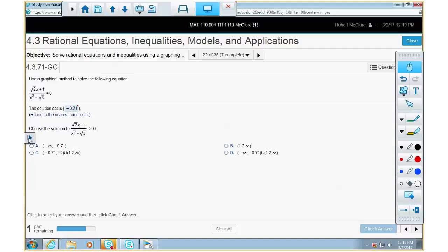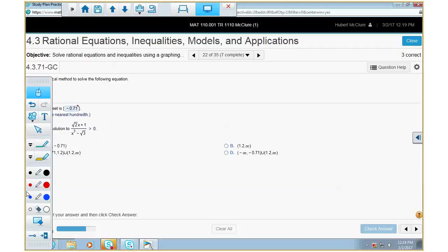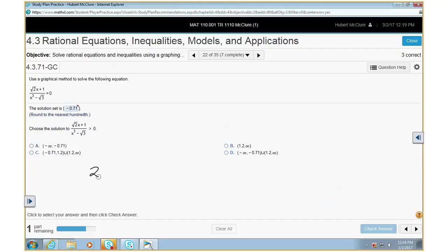Okay, there's the multiply both sides by the common denominator. Again, you will get 2x plus 1 is greater than 0, right? And then that's going to be minus 1, square root of 2 times x is greater than minus 1.